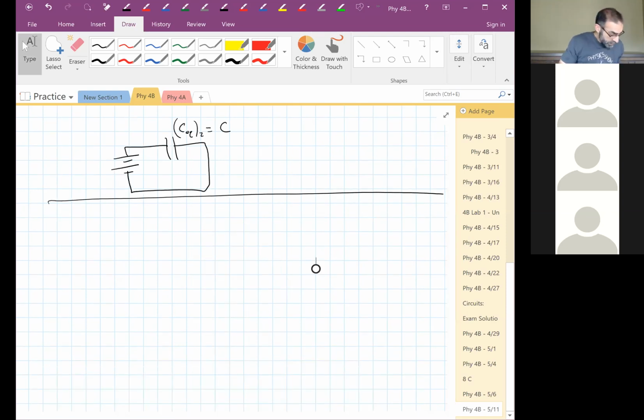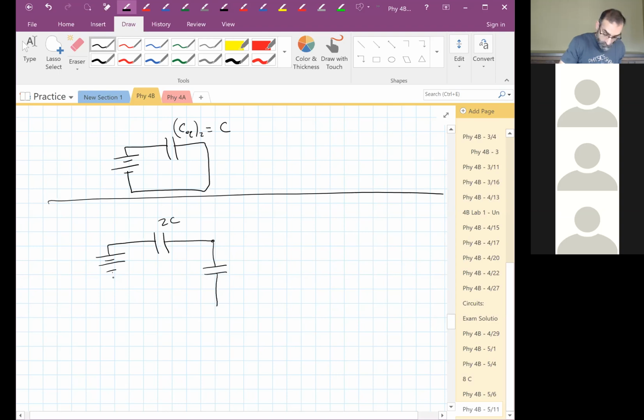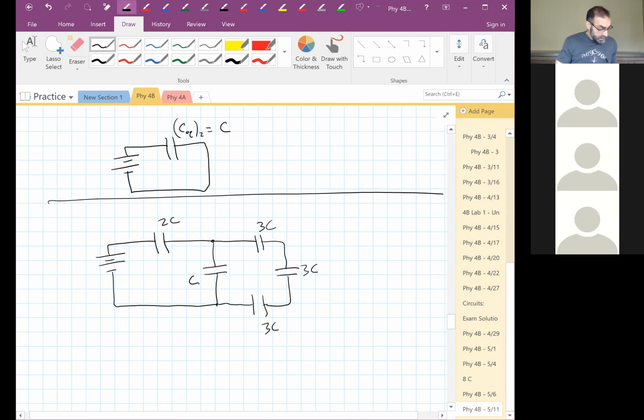We'll add another capacitor or two. Okay, we'll make these 3, this C, that 2C.